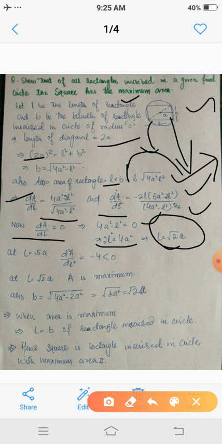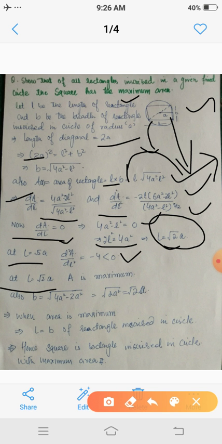So the length of this rectangle is L equals root 2 a. Now at L equals root 2 a, the double derivative is negative. Hence L equals root 2 a is a local maxima.